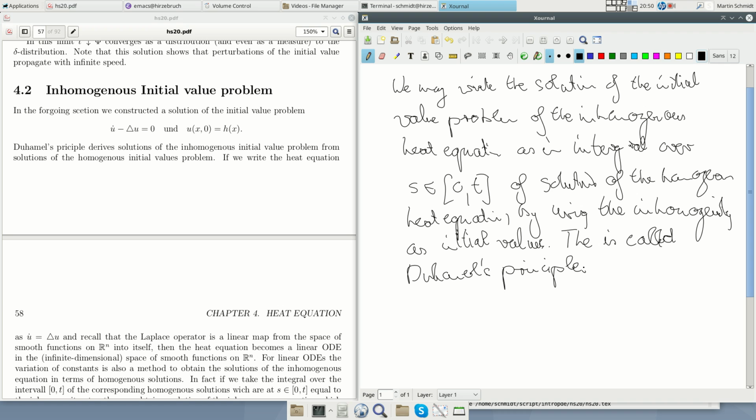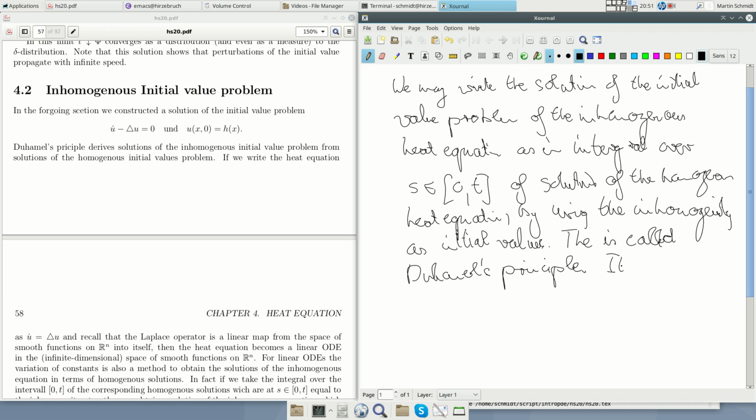Okay, so in this section we may only introduce, show or explain Duhamel's principle. And this Duhamel's principle is very similar.